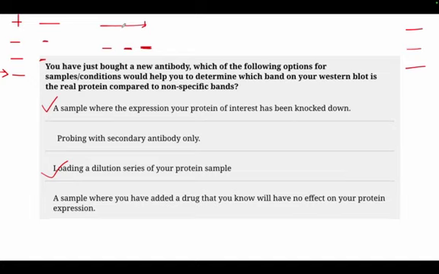One caveat is that if the non-specific band is also increasing, then it is possible that as we increase the amount of the protein sample, the non-specific band can also increase in intensity. So probably the best condition to test this would be a sample where the protein of interest has been knocked out.